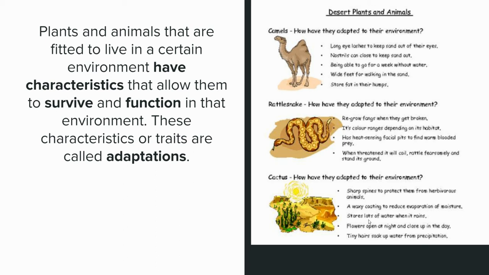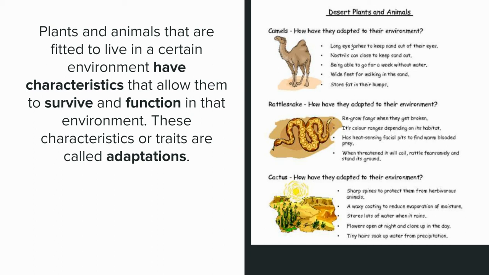So let's look at some examples. Camels, how have they adapted to their environment? Long eyelashes to keep sand out of their eyes, nostrils can close to keep sand out, being able to go for a week without water, wide feet for walking in the sand, and store fat in their humps. So do you see these traits are what allow the animal to survive in that particular environment?